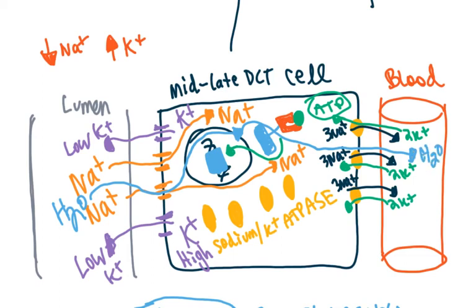Now, the main triggers for aldosterone secretion were low sodium and high potassium, and the reason why we initially needed to secrete aldosterone was because the blood pressure and blood volume were low, right? So what happened was, now that we increased sodium in the blood, we fixed this problem.